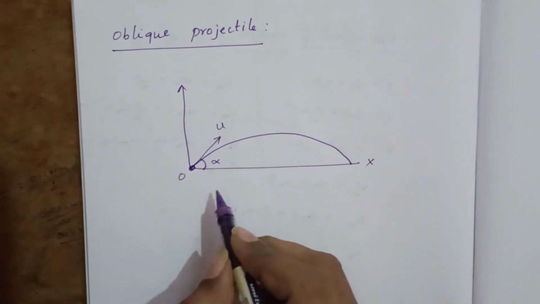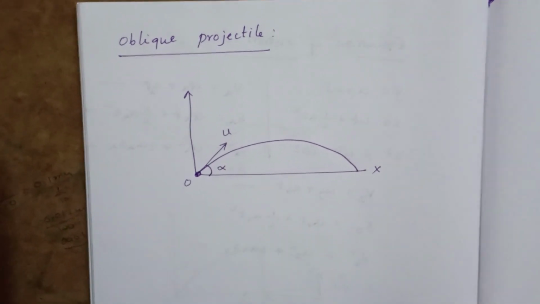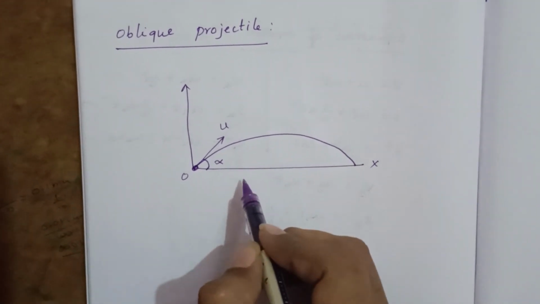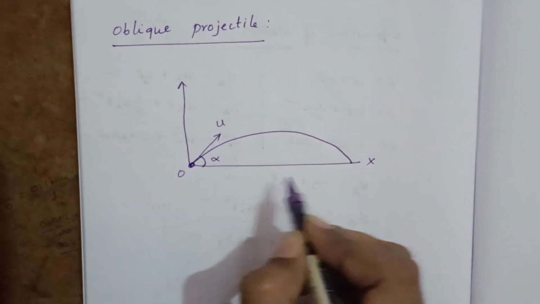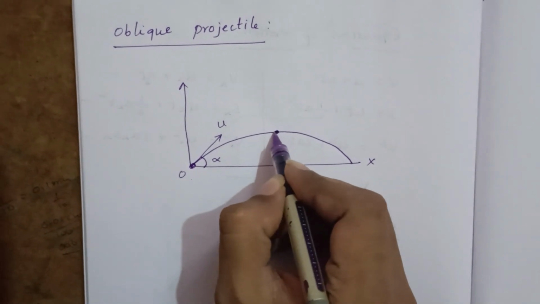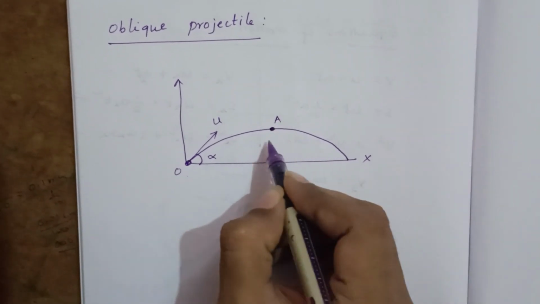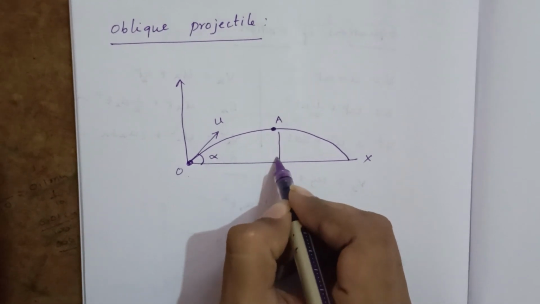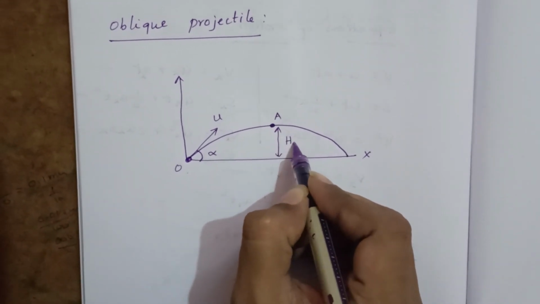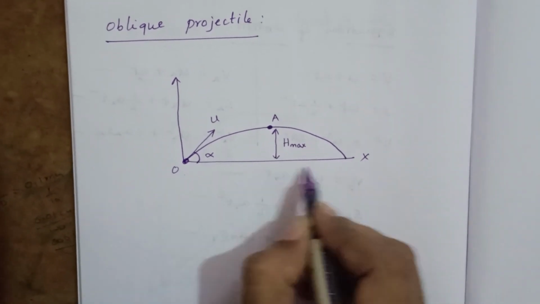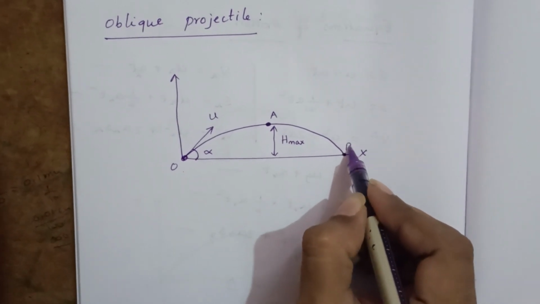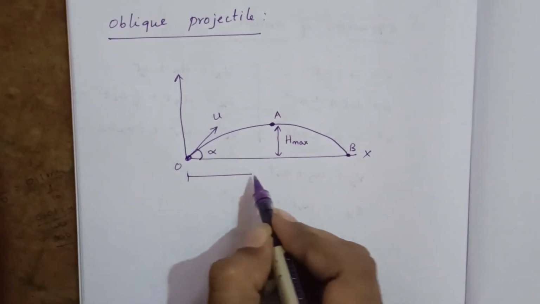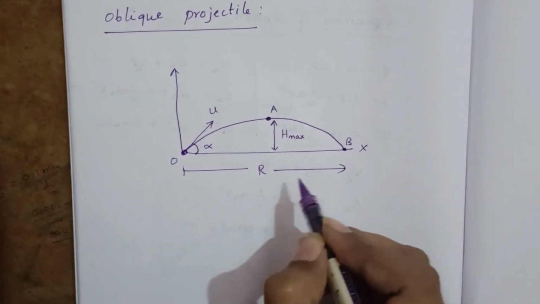Here it is close to the surface of the earth. From O to the maximum height A, this is the maximum height h max, and the distance it covers and reaches at B, that is the horizontal range R.